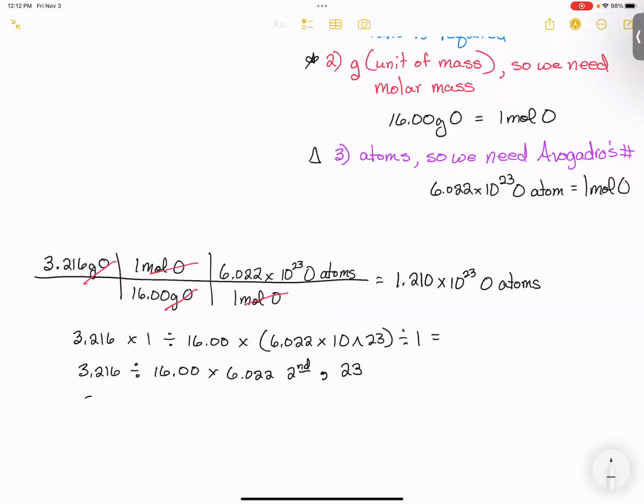And what that looks like on the calculator is 3.216 divided by 16 times 6.022 E23. So 2 different ways you can key it into your calculator.